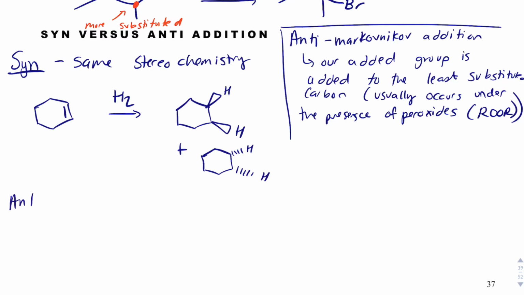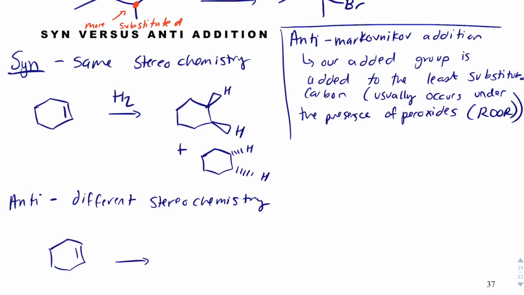Anti-addition means we're going to get different or opposite stereochemistry. And this might be something like, let's say we added, and I understand that what I'm writing above the reaction arrow, we haven't gone over yet.